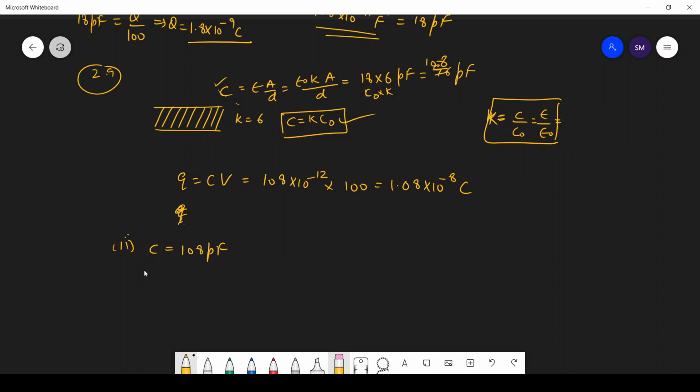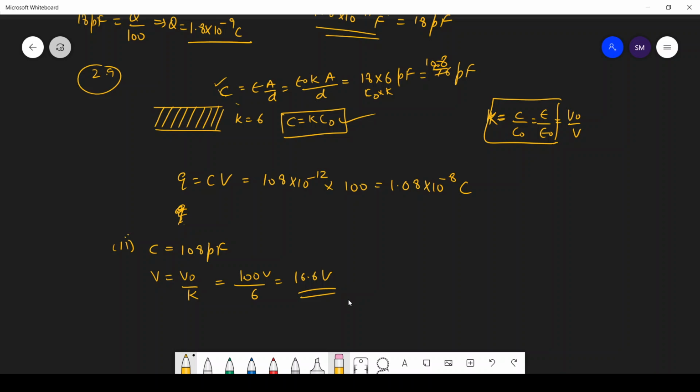But what will be the potential difference now? The supply is disconnected, so the potential difference between the capacitor plates will become V is equal to V naught upon K, so K is equal to V naught upon V. V naught was 100 volt, so 100 volt divided by 6 is 16.6 volt.